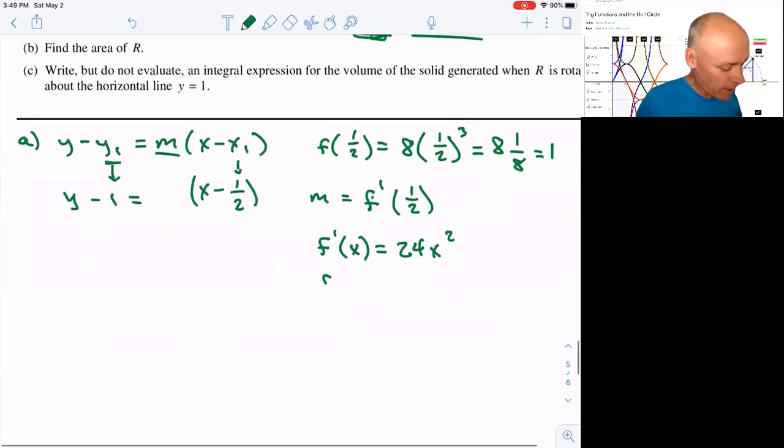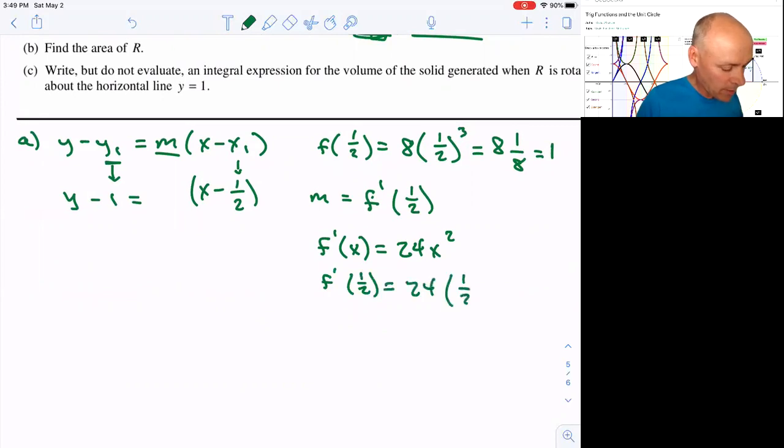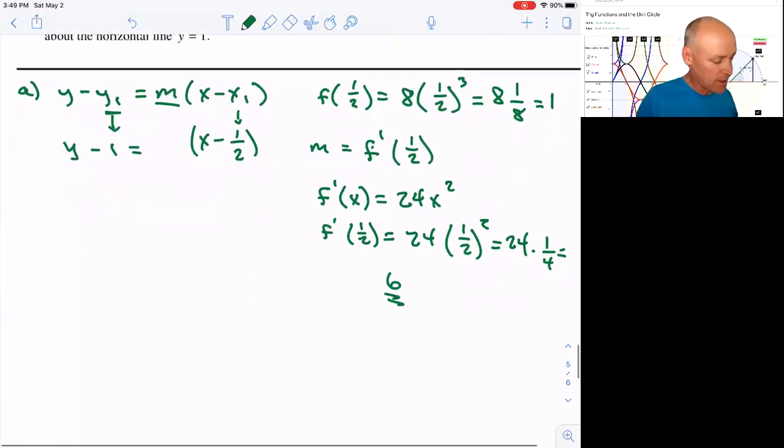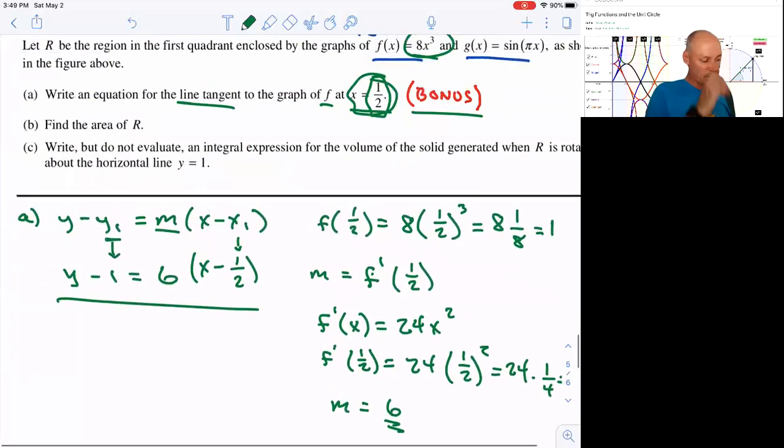And now I want f prime at 1/2. So that's going to be 24 times 1/2 squared. It's going to be 24 times 1/4, which is equal to 6. So that is my slope. So that is the equation for my line tangent to the graph at that point.